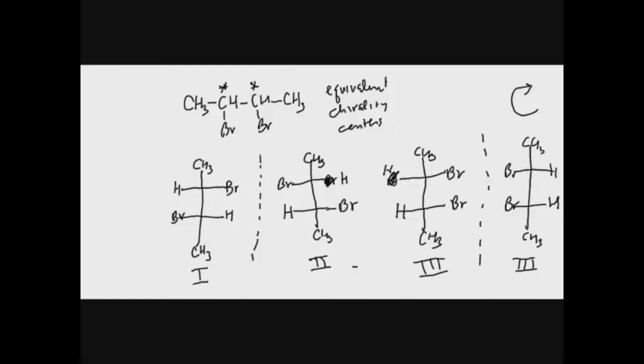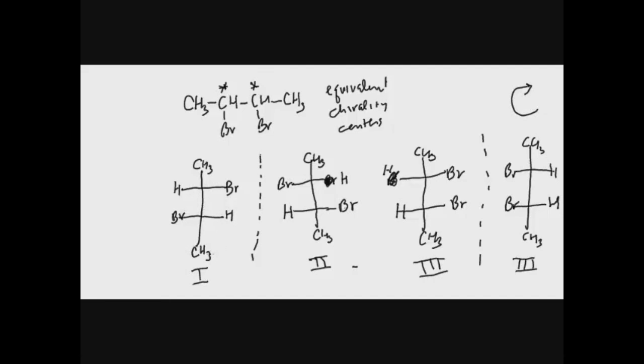Okay, now number 3 has some interesting features that I want to call attention to. As a lead into that, let me ask a question. Compound number 1, is it optically active? Well, it is chiral because its mirror image is non-superimposable.